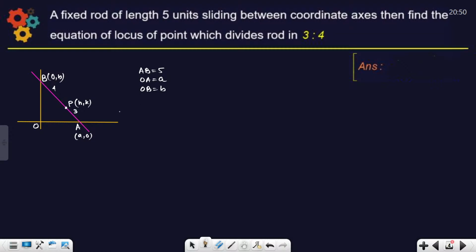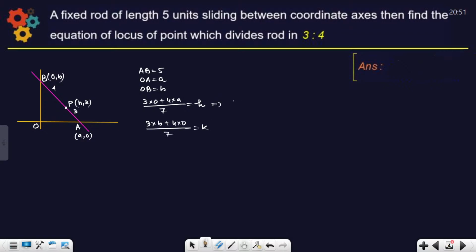Now at this point P, if we apply the section formula, what are we going to have? (3 + 4a) divided by 7 is h. This is the abscissa of the point P. And the ordinate of the point P will be (3b + 4 into 0) divided by 7, which is k.